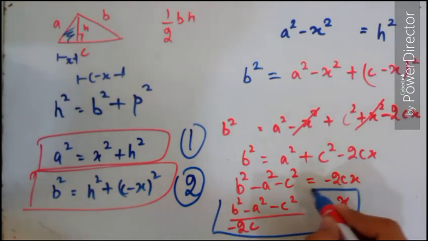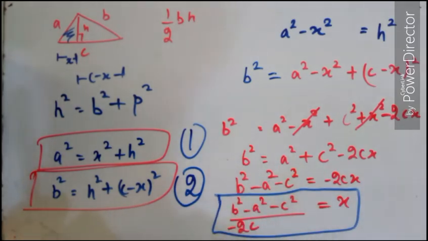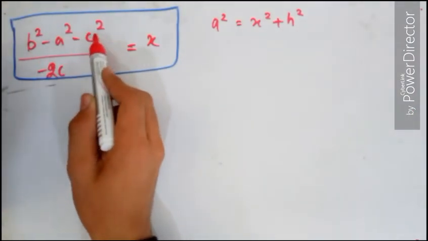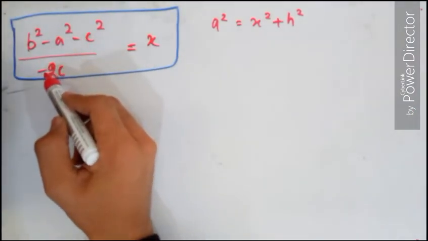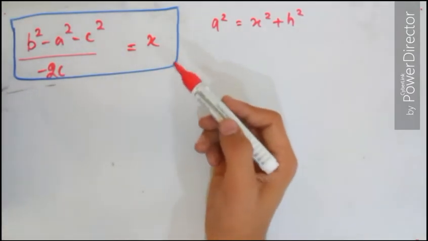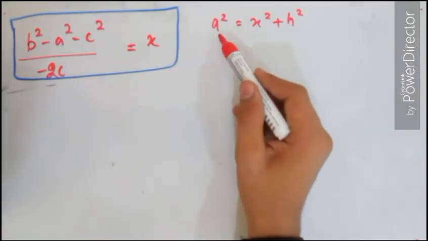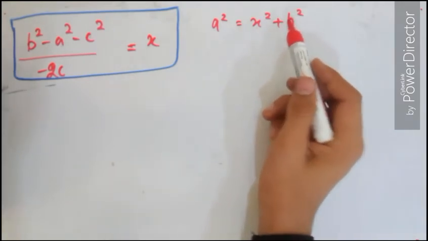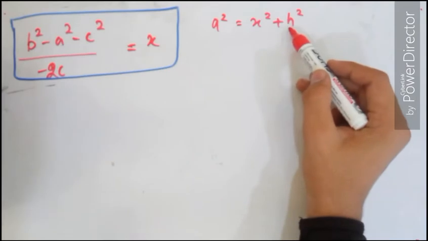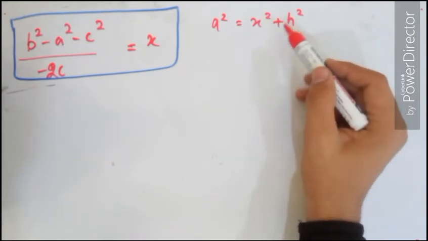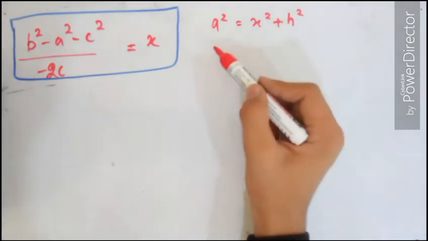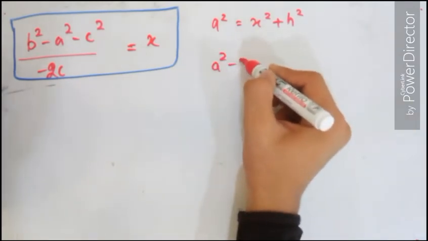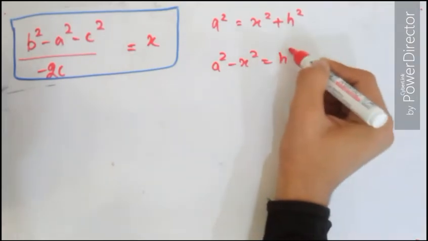And now we're going to put this equation in the first one. We had that x is equal to b squared minus a squared minus c squared upon minus 2c, and in the first equation we had that a squared is equal to x squared plus h squared. Now we are going to find the value for h. First take that side, so a squared minus x squared is equal to h squared.